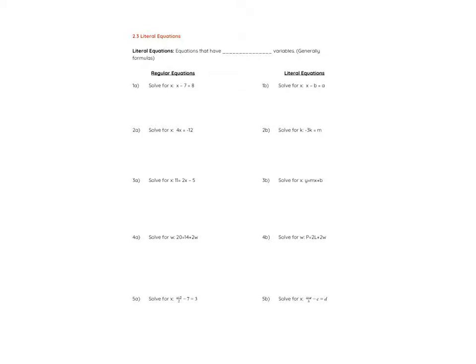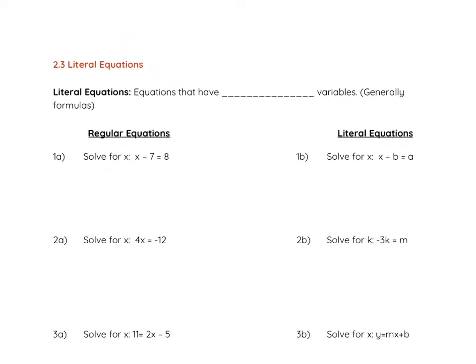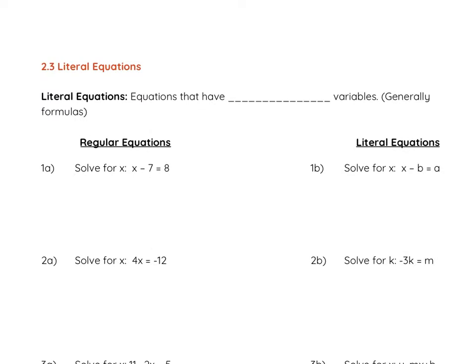In this video, we're going to be talking about solving literal equations. Literal equations are equations that have multiple variables. And so a literal equation, when you solve it, doesn't give you a number. It's going to give you an ugly expression usually, and that's okay.